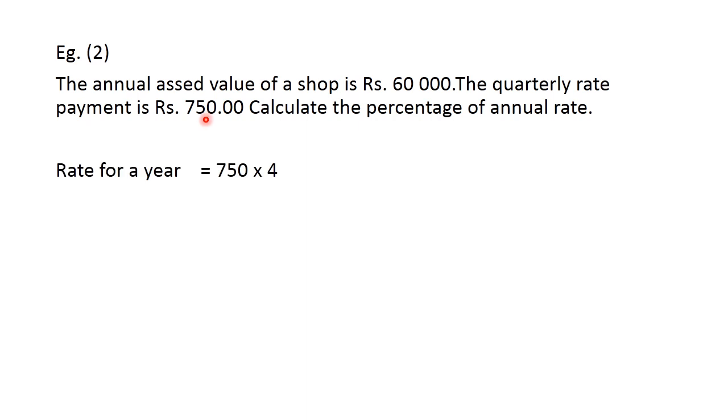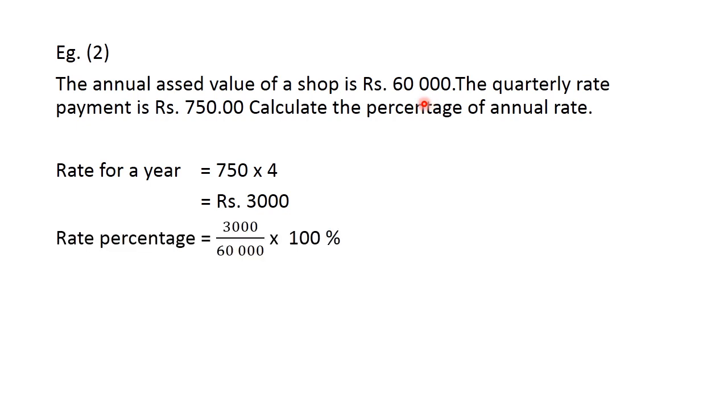Then the annual rate is 750 into 4, 3,000. The owner should pay 3,000 rupees per year for this 60,000. Therefore, we can write it as a fraction, 3,000 for 60,000. Converting this fraction to a percentage gives the percentage.